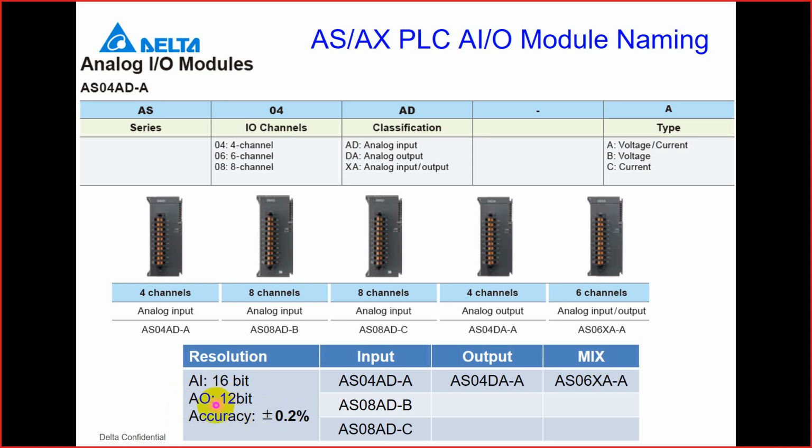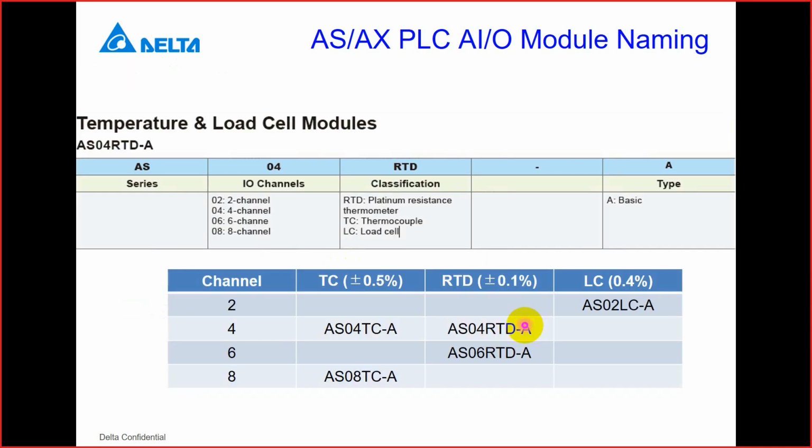He told me for most application on the market is only 12-bit. So that's the reason we don't use 16-bit in the AX analog module. So not sure, any question? Okay, if not, then move on.